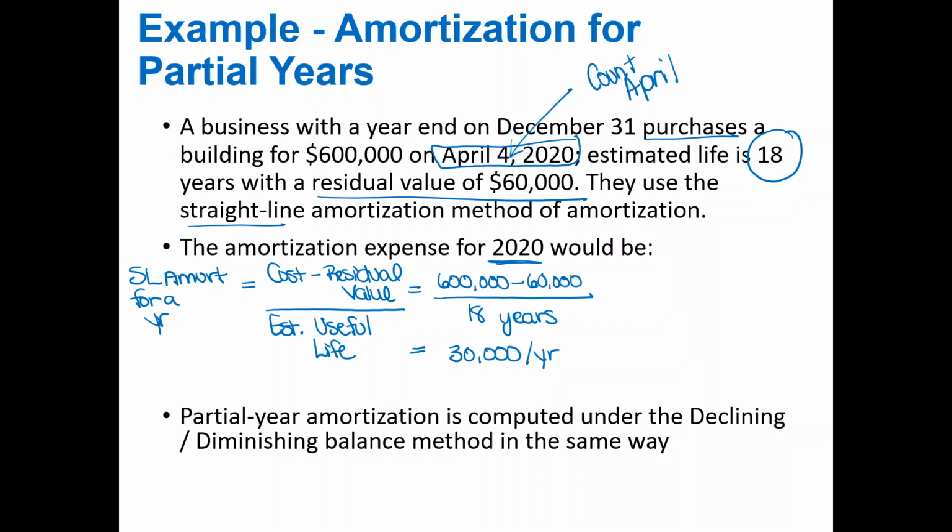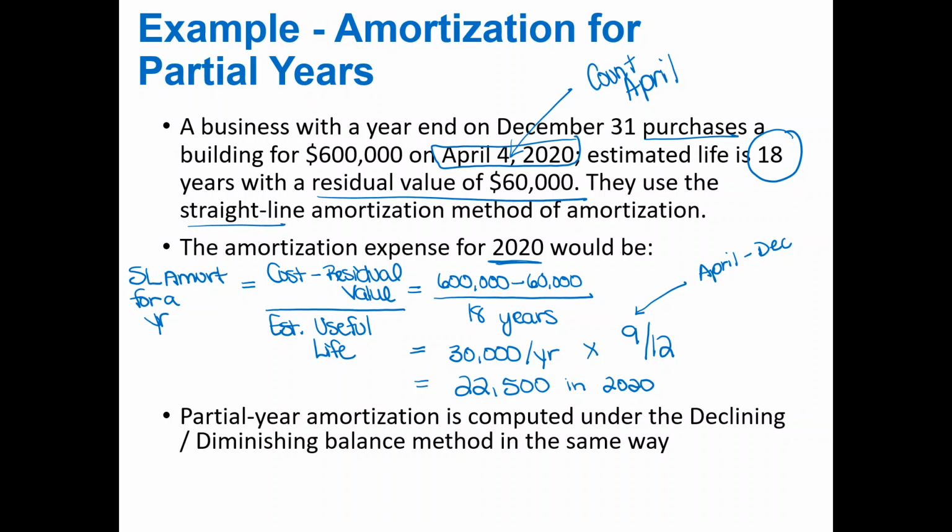April, May, June, July, August, September, October, November, December. If you count that out on your hands like I was, that's 9 months. So now we take this yearly amount and multiply it by 9 out of 12. And that gets us to $22,500 that we would record in 2020. So these 9 months are April to December.